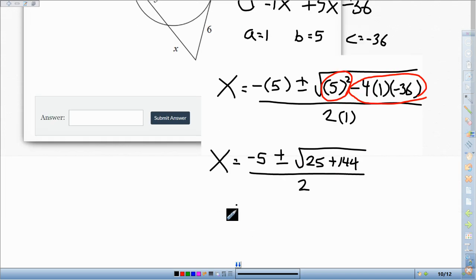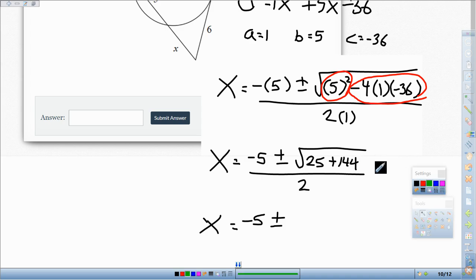Next thing we can do is deal with the rest of this radical. So we still have this negative 5, plus or minus. I like to do both of these steps at once, adding these numbers and then taking the square root of that. 25 plus 144 gives me 169. You don't have to write this, but this is the square root of 169, and the square root of 169 is 13.